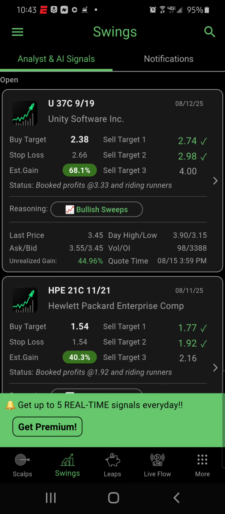And then sell target number two, if you still want to ride it and keep going, you can get out right under $300, $298. That's $60 that you would have made if you reached the sell target two for that one option. Now, you can buy as many contracts as you want. So if you want to buy 2 or 3 of these, it's 238 times 2 or 3.